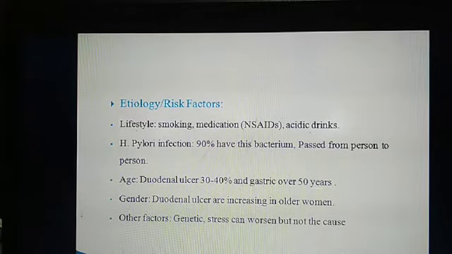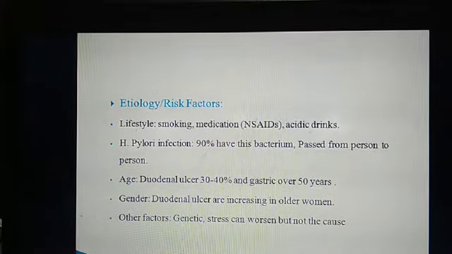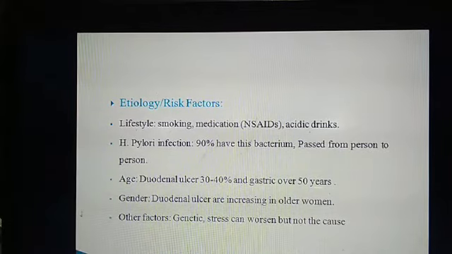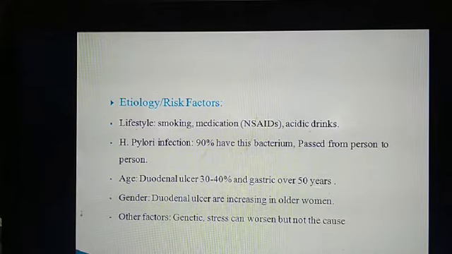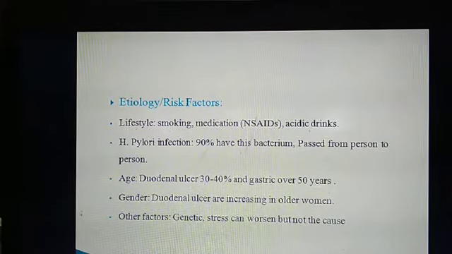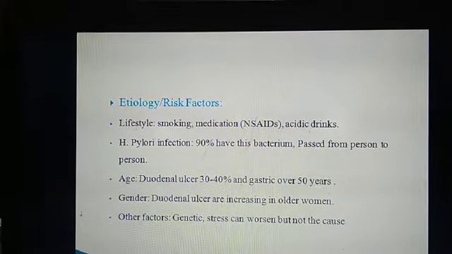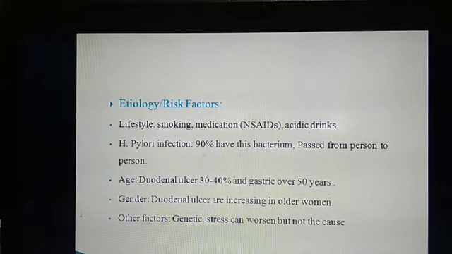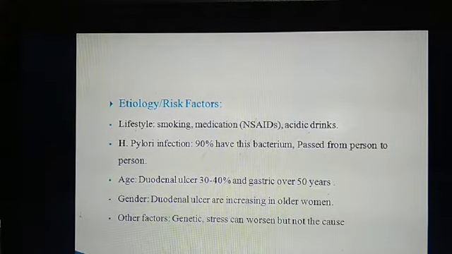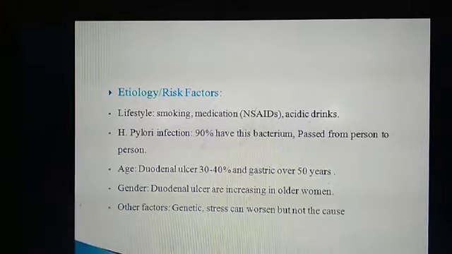These are the lifestyle based factors which may induce peptic ulcer. Then H. pylori infection. This is the most common one, where 90% of people have this bacterium, and it actually passes from person to person.